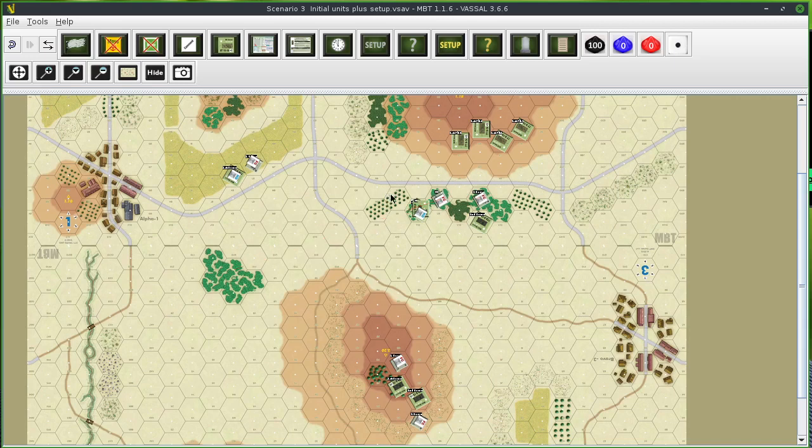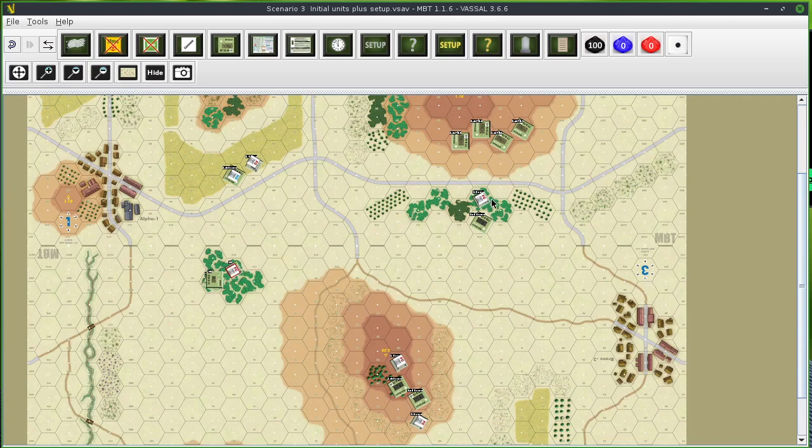I want the American command units further back, first of all. I don't like having him that far forward, even if it means I don't have a chance to destroy the enemy command headquarters. I like having my command tank a little bit more protected, so I'm going to move them back here. Okay.